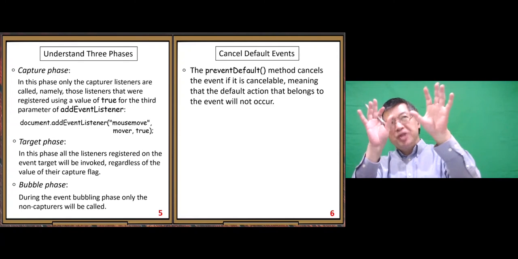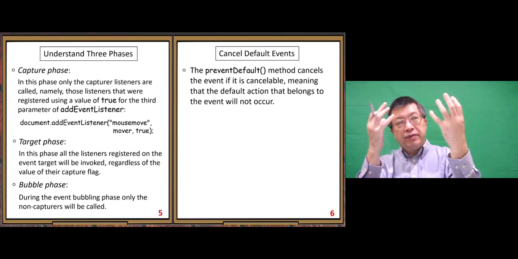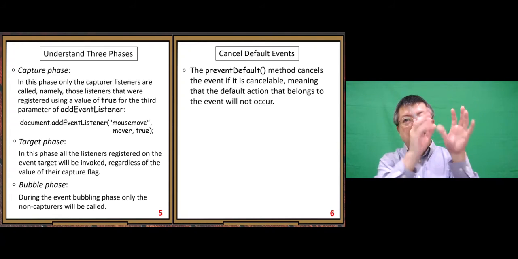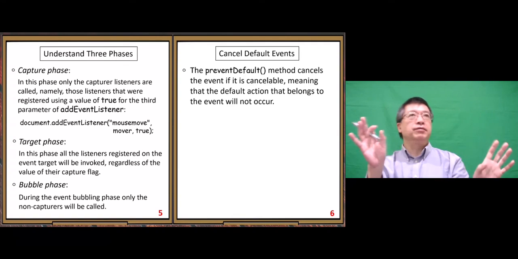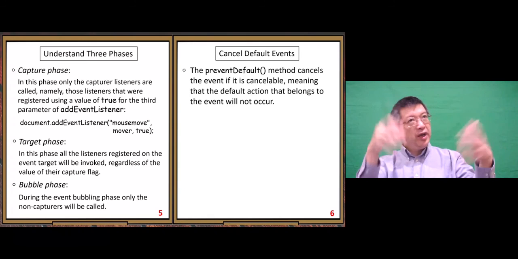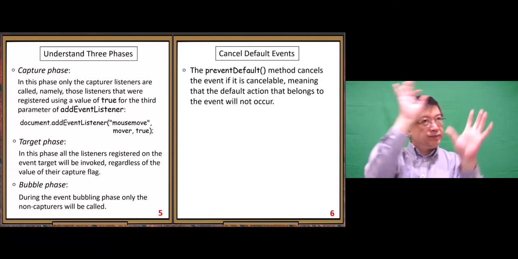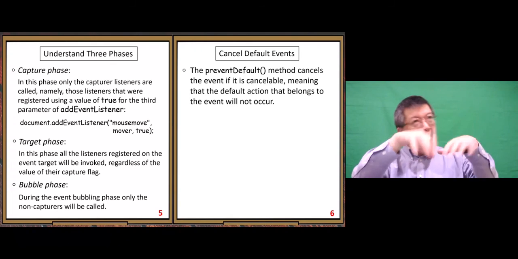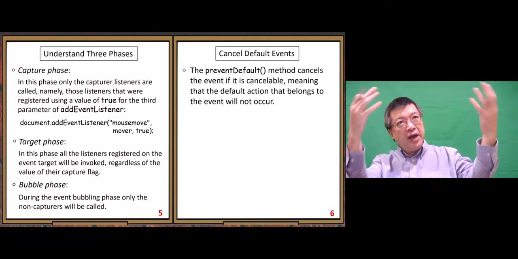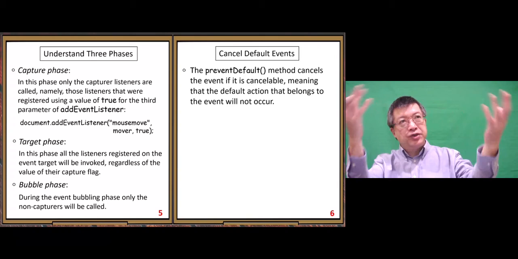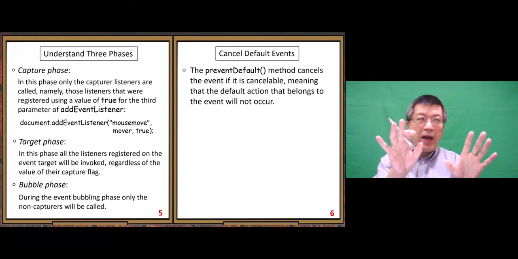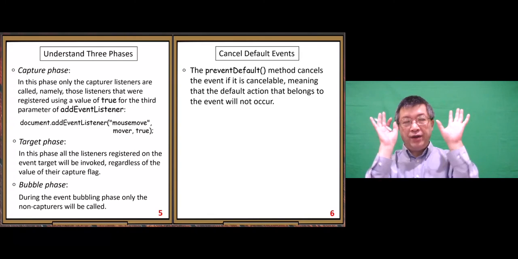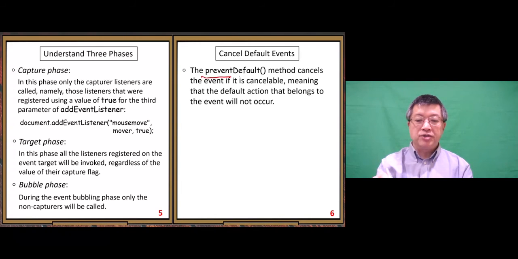Some elements have a default event and some action associated with it by default. Usually when you do some action on it, it automatically triggers events and then actions. But sometimes we want to prevent those things from happening, so we call this method.